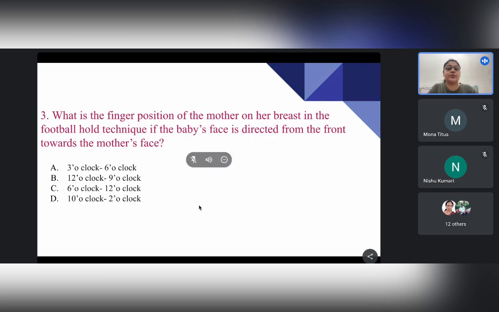What is the finger position of the mother on her breast in the football hold technique if the baby's face is directed from the front towards the mother's face? Please read the question carefully and go ahead with the answer. Would anybody like to volunteer?